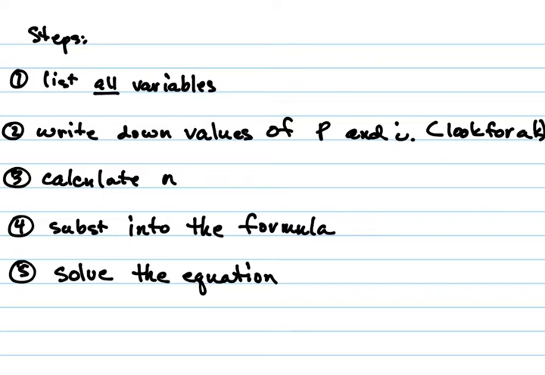Or you could say, well, I'm trying to solve for I. Let me rearrange the formula and make I the subject of the formula first, and then plug everything in, and then it's just a matter of using your calculator. Most of you are not going to want to rearrange that formula for every single problem. Instead, you just need to focus on solving the equation. But it really makes no difference which one you do.